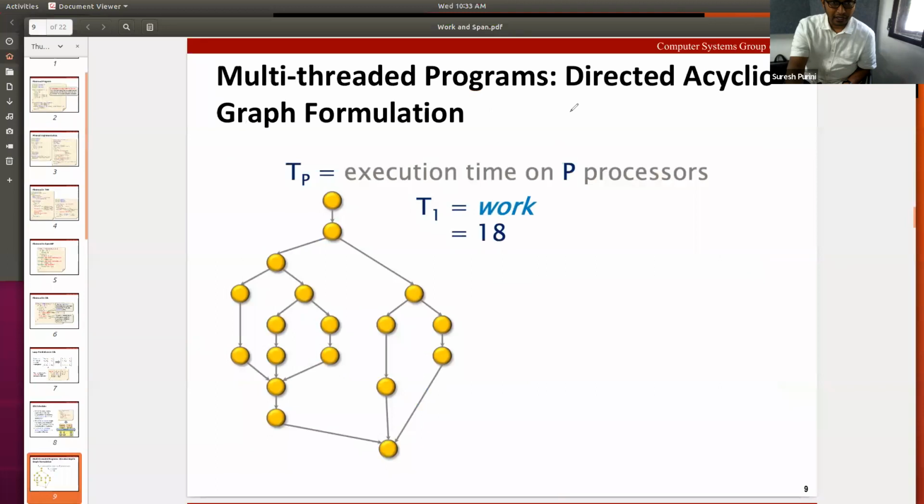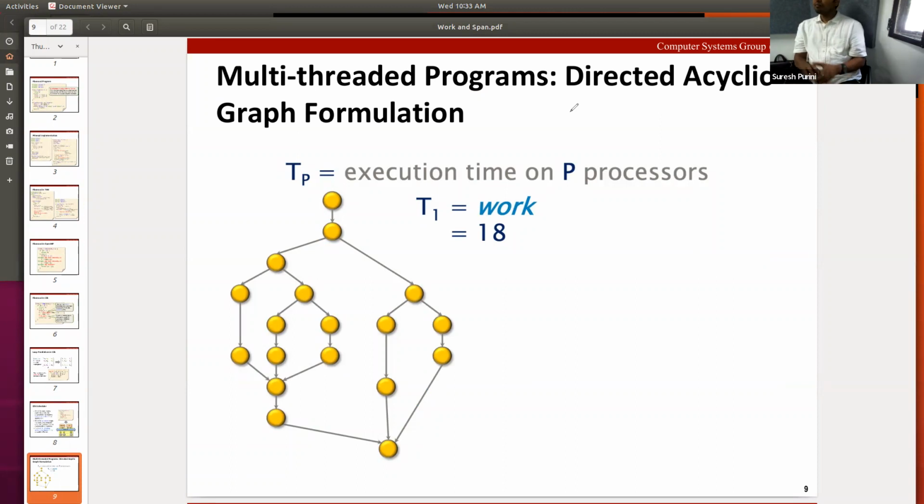Yes. So now let's try to understand theoretically how we can go about analyzing a multi-threaded parallel program.